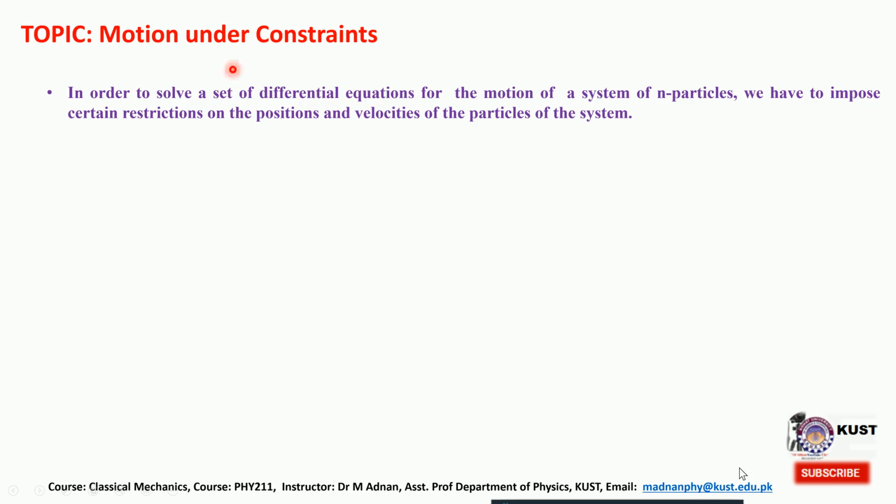Now, in most practical problems, we have systems under constraint. So in those situations, in order to solve the equations of motion for a system of n particles, we have to impose certain restrictions on the position and velocities of the particles of the system. You will see those restrictions and constraints in this lecture.